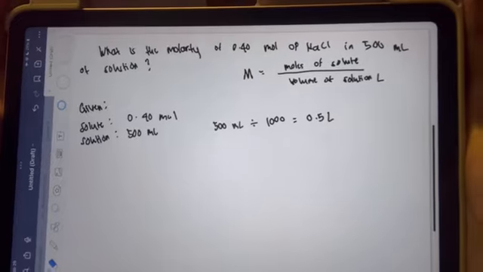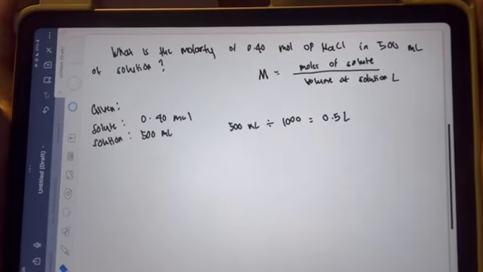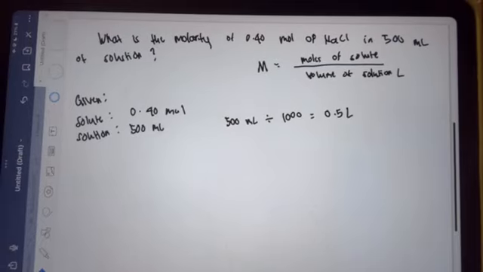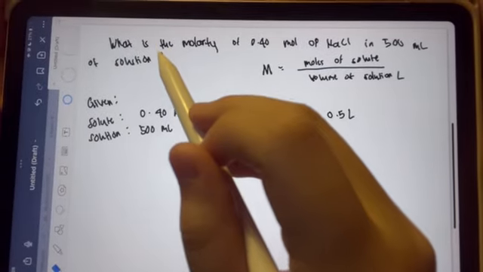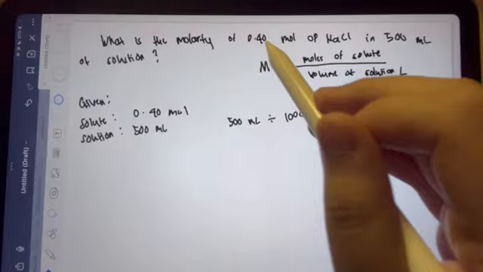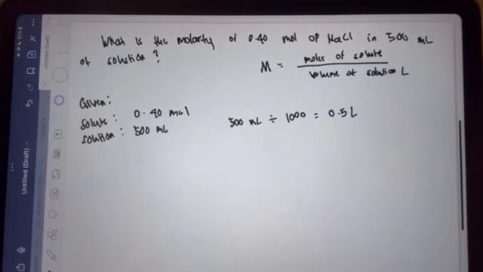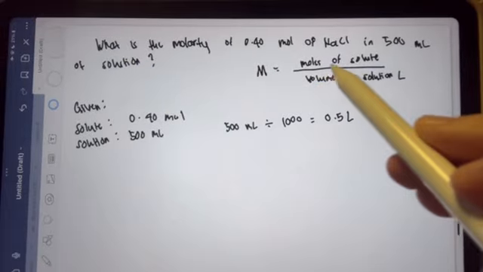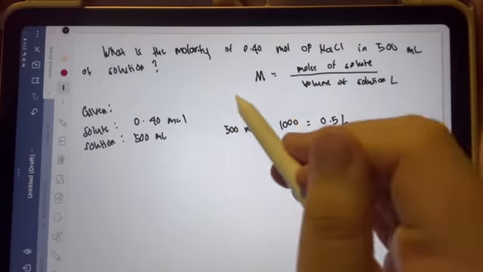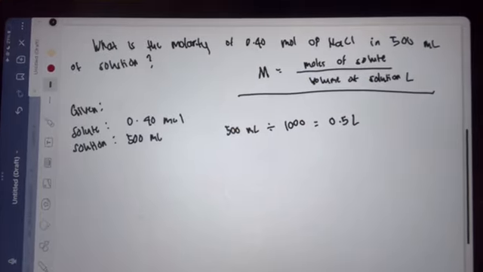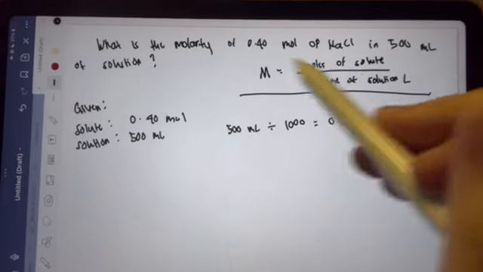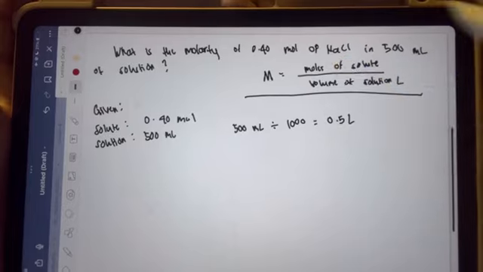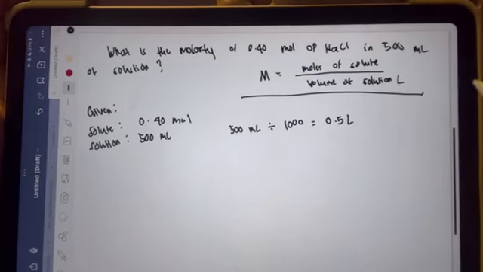The next solution concentration that we will be solving is the molarity. So we have here again an example. What is the molarity of 0.4 mole of NaCl in 500 ml of solution? So we have the formula. M is equal to moles of solute over volume of solution in liters.